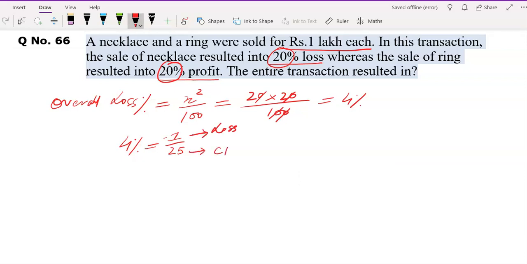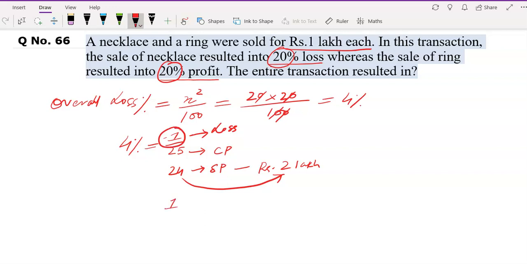25 units is our CP, cost price. So if we need to find our SP, it will be 25 minus 1, which is 24. Now this SP is the total SP, and our total SP is how much? Rupees 1 lakh each for necklace and a ring. So 1 lakh plus 1 lakh is rupees 2 lakh. Now 24 units represents 2 lakh. We need to find the loss of 1 unit.